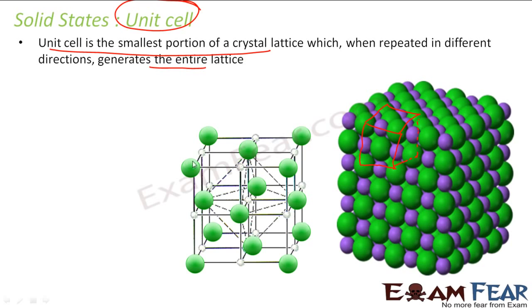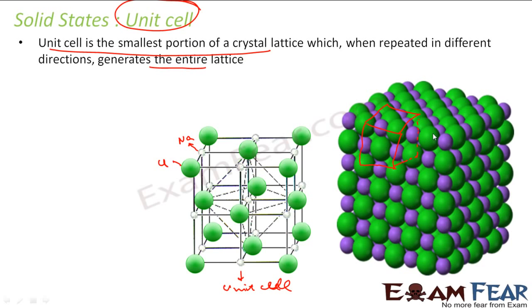These are my sodium, and this is my chlorine. Correct. Chlorine occupies the corner places, and these are the spaces, the voids. Sodium occupies these. So this is my unit cell. This is the smallest portion, because if you keep repeating it, you will get the lattice.